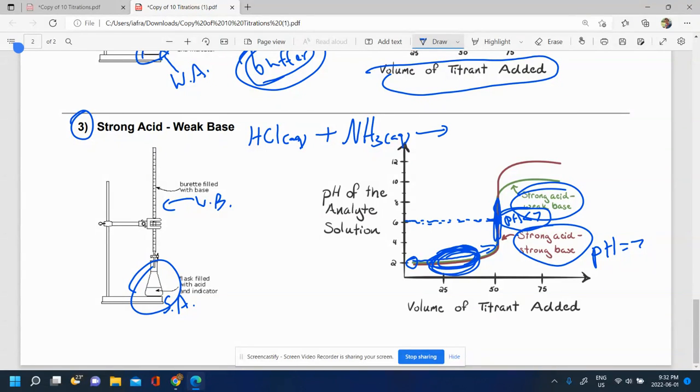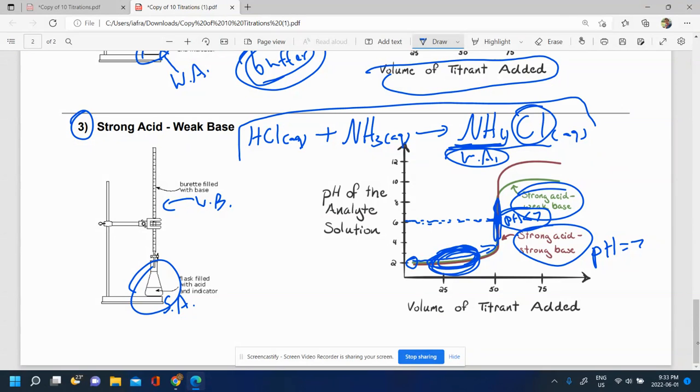So when I do this reaction, I actually get NH4Cl, and this is aqueous. The Cl has no effect on pH because it's Cl minus, salt of a strong acid. But this over here is a salt of a weak base. It actually acts as a weak acid. So we get an acidic salt, which is why the pH is less than 7.